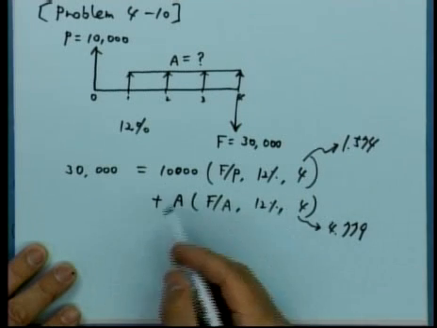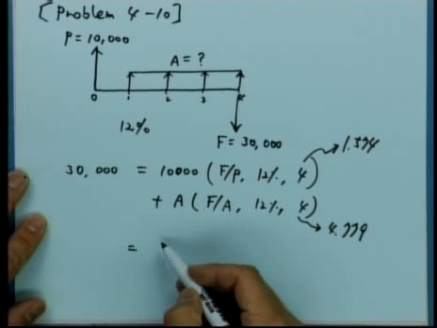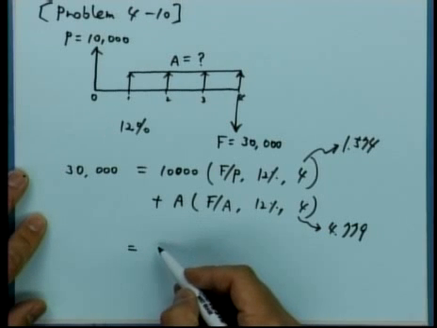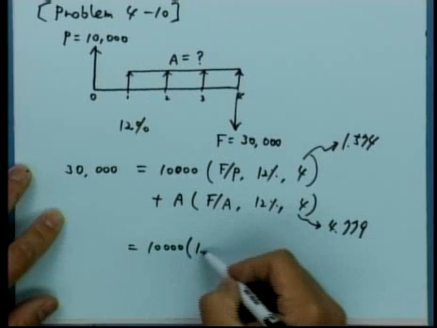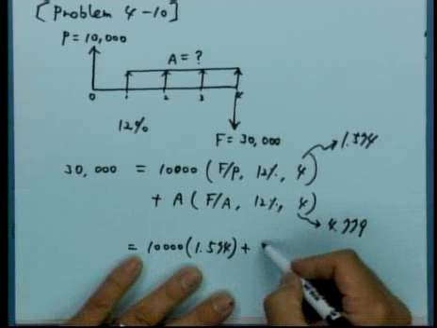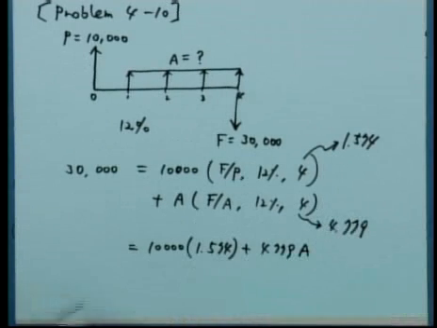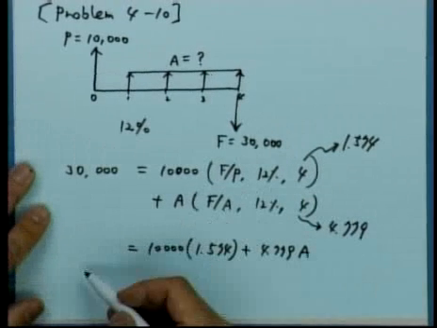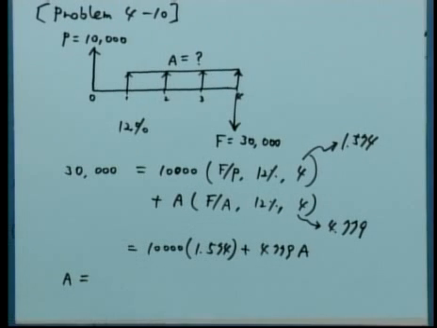So here we have $10,000 times 1.574 plus 4.779 times A, right? So we want to find the value of A. So how much is that?